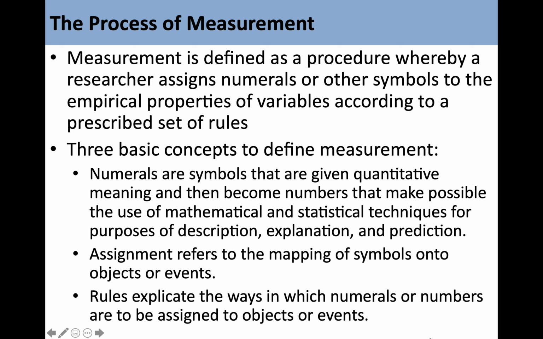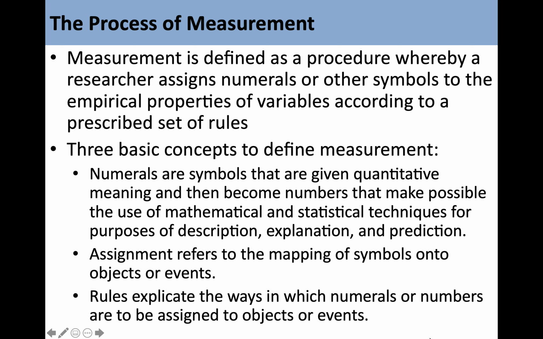Assignment refers to the mapping of symbols onto objects or events. Rules explicate the ways in which numbers or numerals are to be assigned to objects or events. And of course, that's the biggest problem. When I did my research, I was doing research on resilience. You can imagine trying to put a number to resilience.